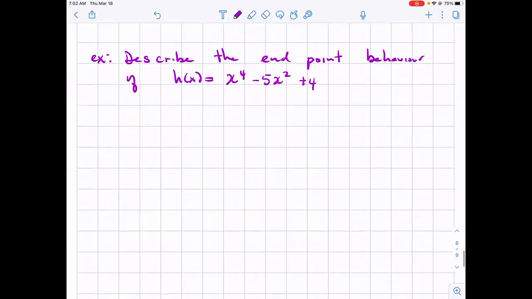So let us identify the degree and the leading coefficient.